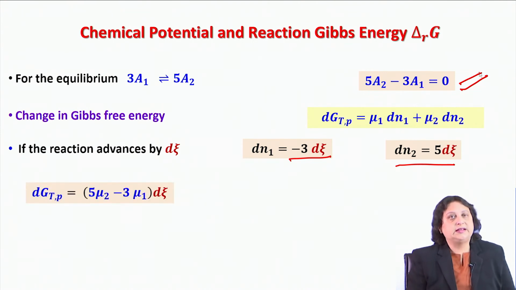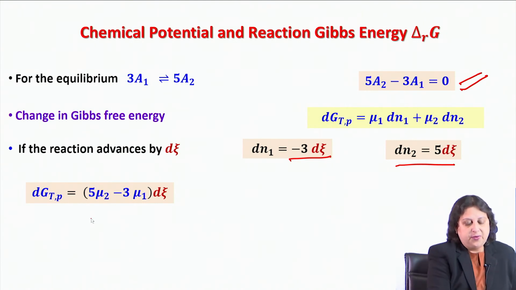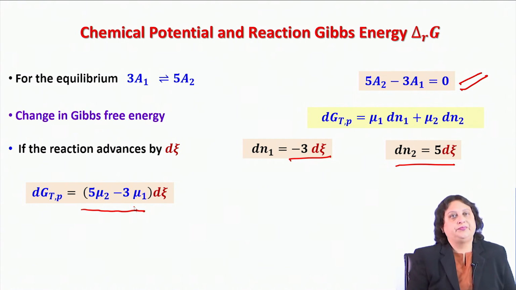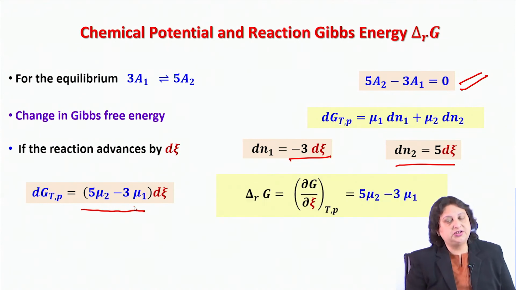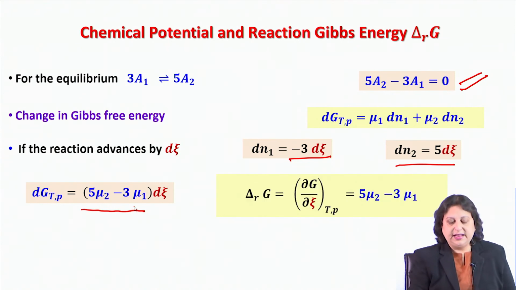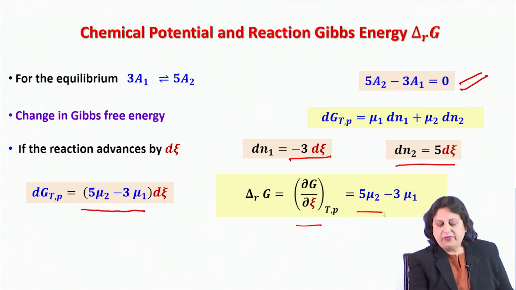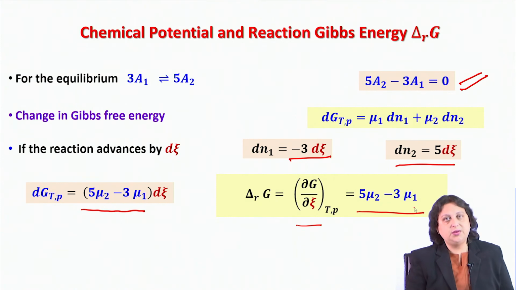And therefore, I can say that dG at constant T and P for this reaction is (5 mu2 minus 3 mu1) multiplied by d xi. So what is the reaction Gibbs energy? That is given by del G del xi at constant T and P, which now is 5 mu2 minus 3 mu1.